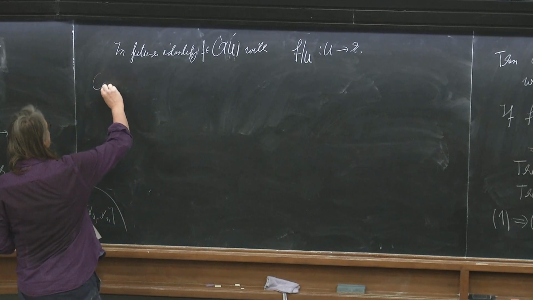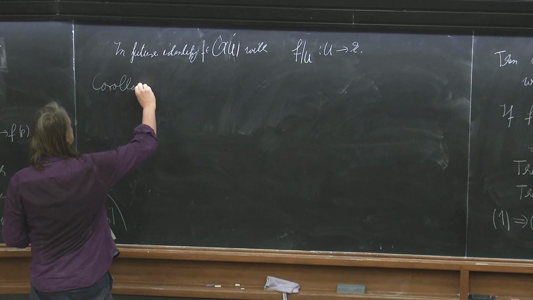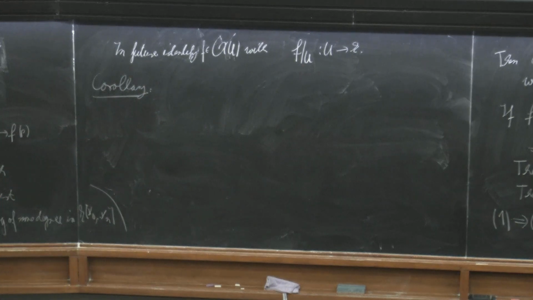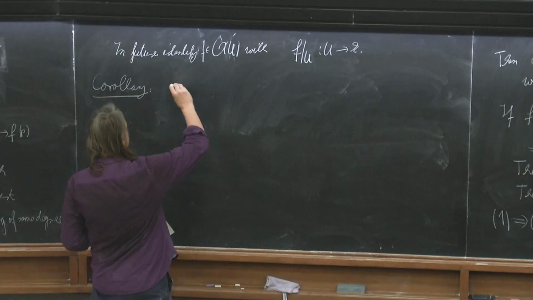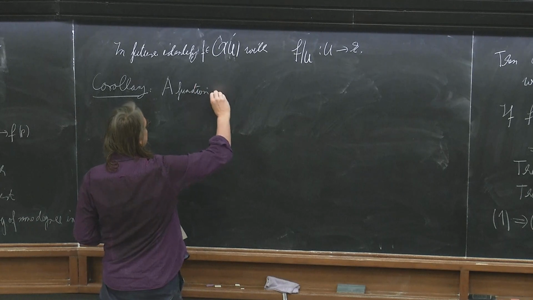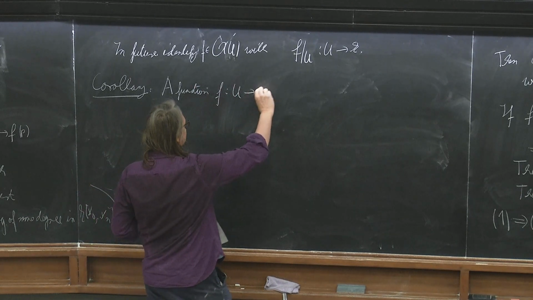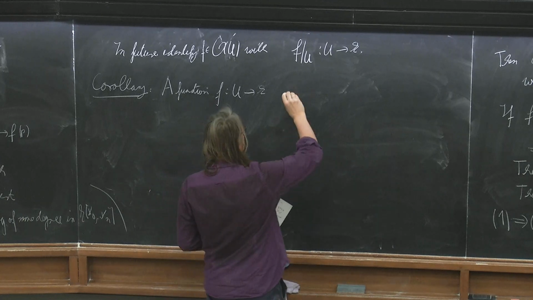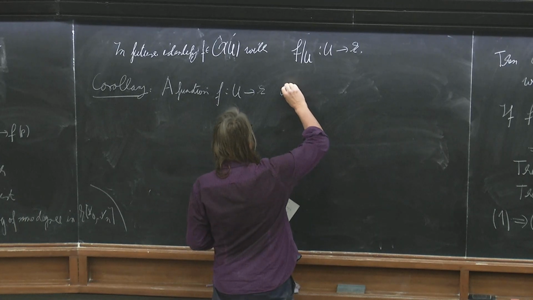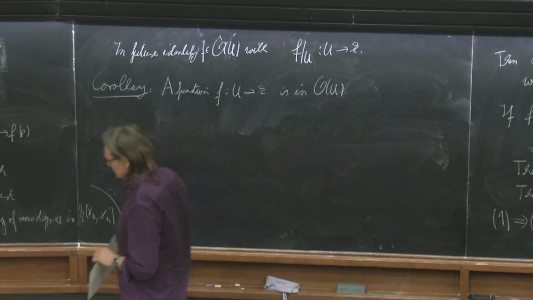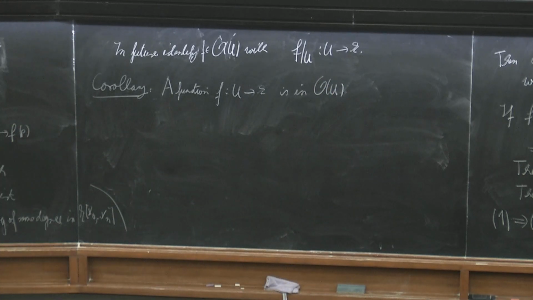Just a small corollary. Say a function f from U to A is regular on U if and only if every point has a neighborhood such that it's regular there.